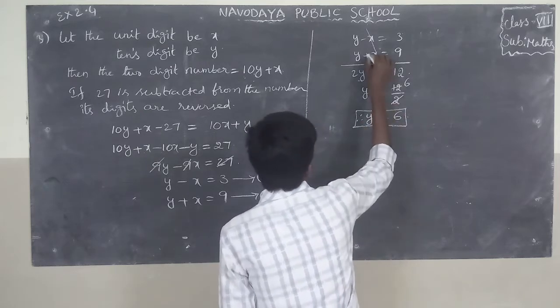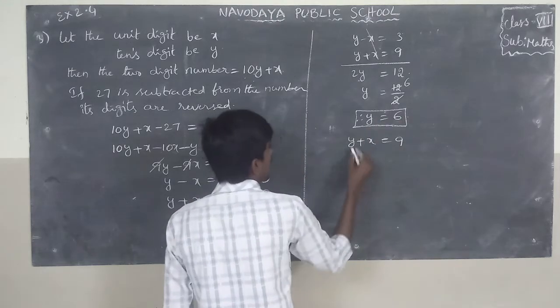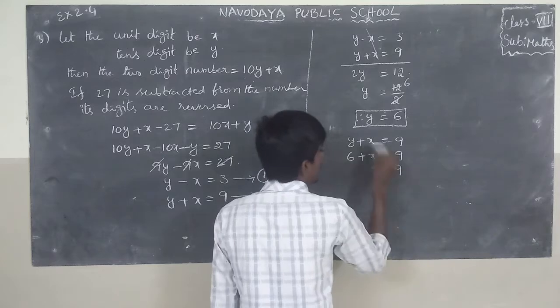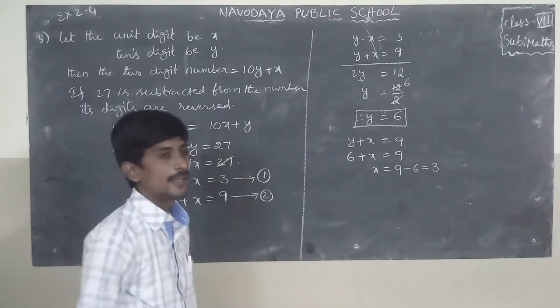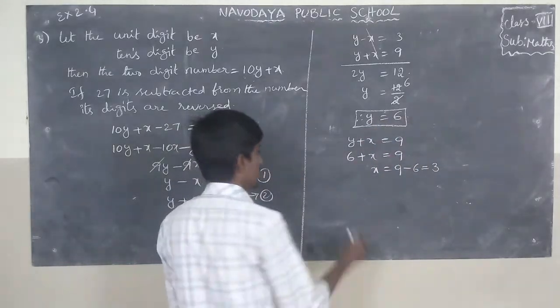Substitute this y value in y plus x equals 9. y means 6, so 6 plus x equals 9. x equals 9 minus 6, which is 3. x means the ones digit and y means the tens digit.